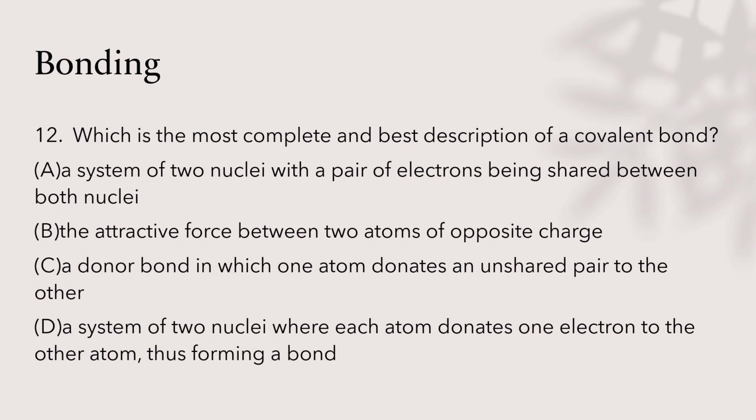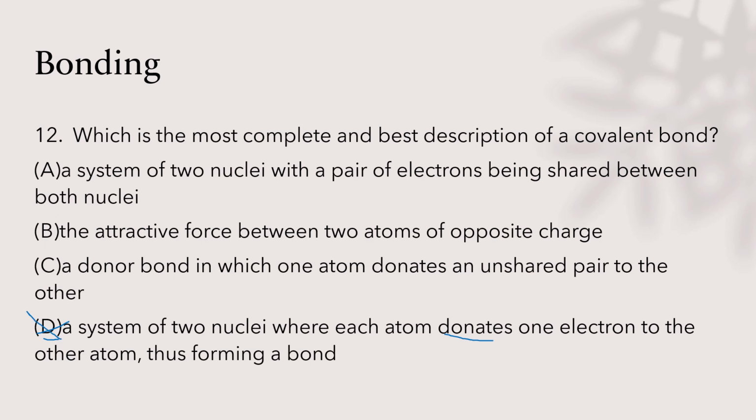We're going to go in backwards order this time, starting with D. Does choice D describe a covalent bond? A system of 2 nuclei where each atom donates 1 electron? No. Donating electrons suggests that there's an ion being formed, so D would be incorrect.